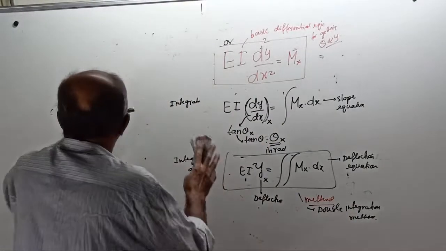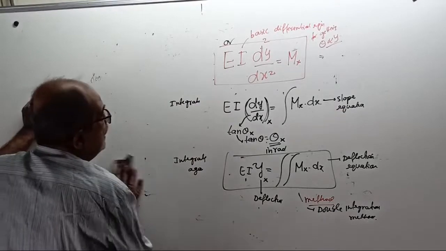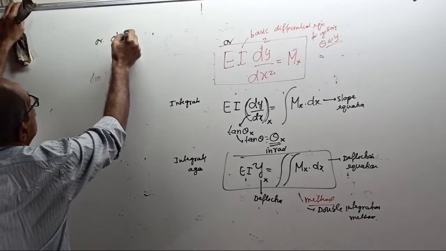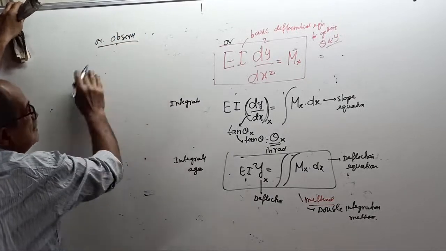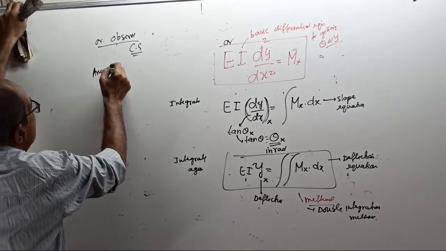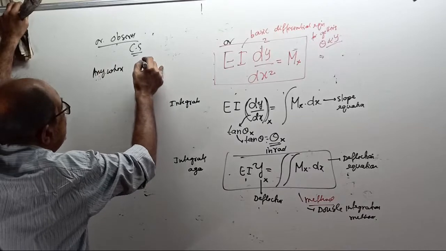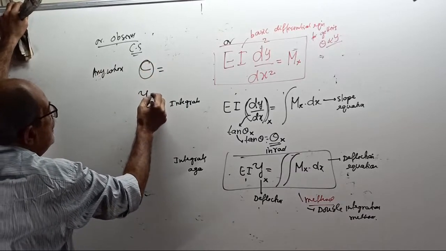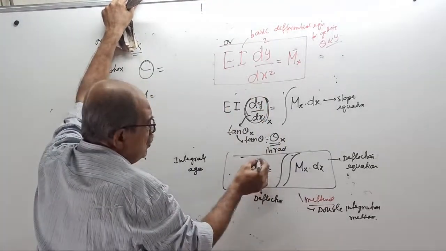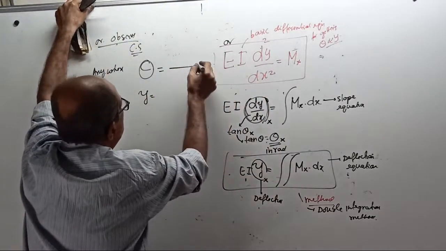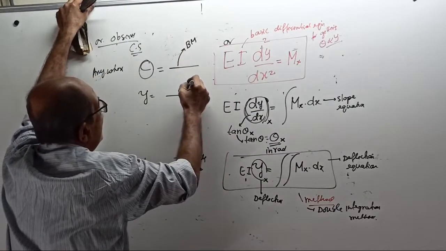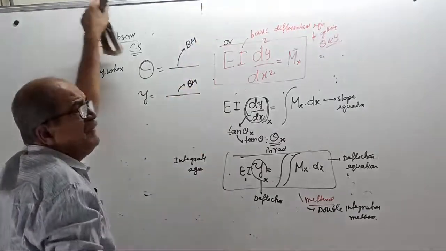Okay, the sign I will tell you later. Now, I will first tell some more thumb rules. Observe correctly. Anywhere you want theta and y, the numerator has something connected with the bending moment parameter.